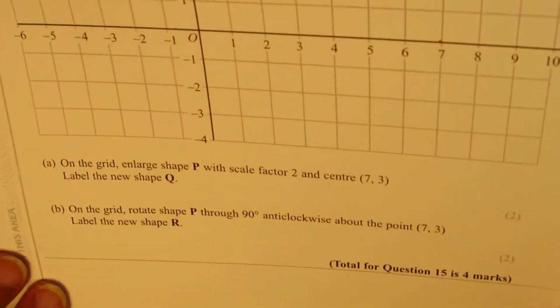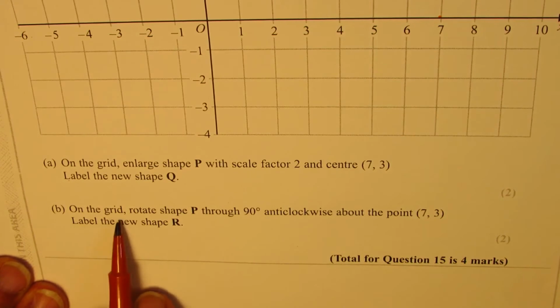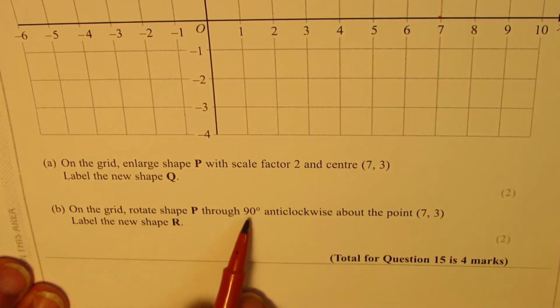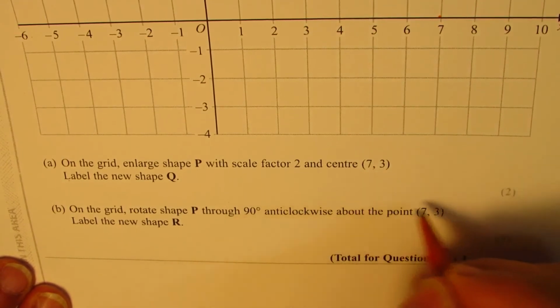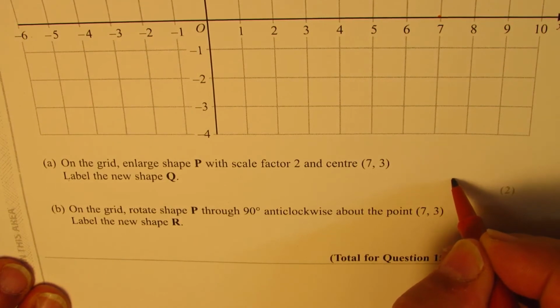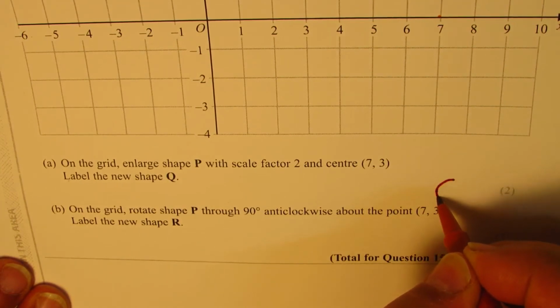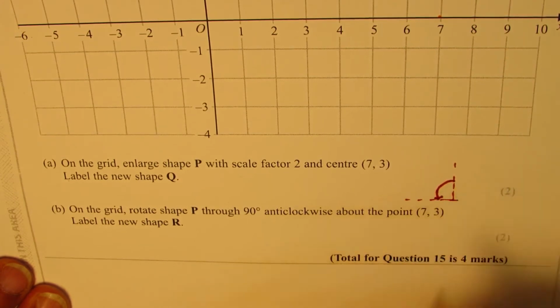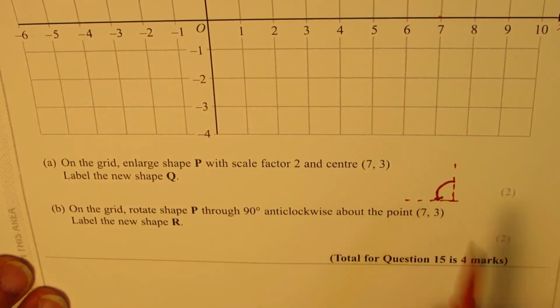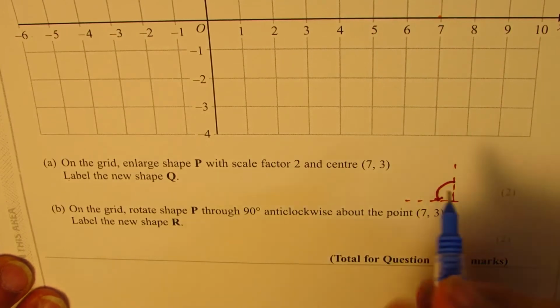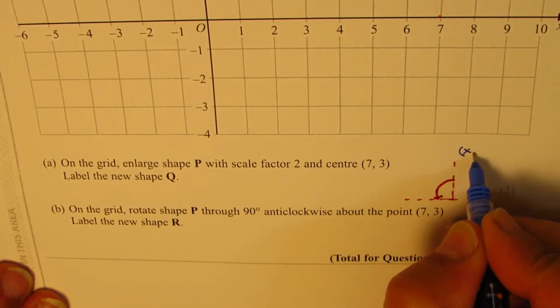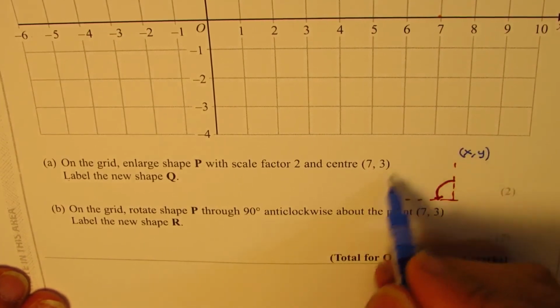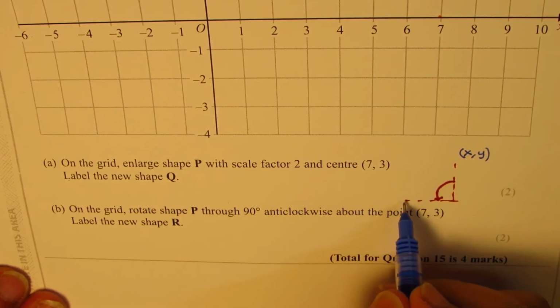Now, the second part of this question is, on the grid, rotate shape P through 90 degrees anti-clockwise. Means we have to rotate it like this, right? So that is anti-clockwise. If something is here, it goes to that point, correct? So the idea is, if you do this rotation, then any point which is x, y here, once rotated, we get a negative value, right?